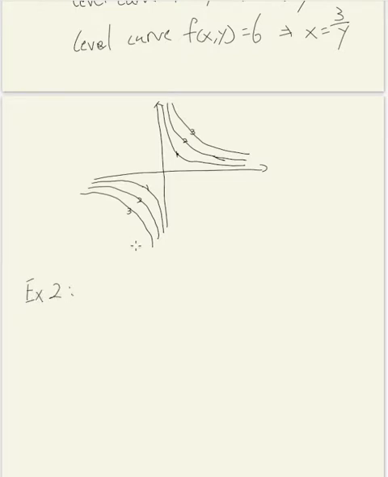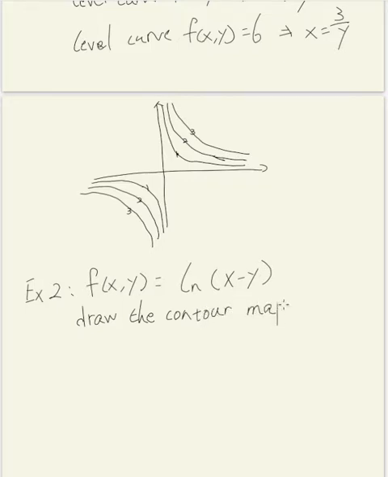All right. Let's try another problem. We have f of x and y equals ln of x minus y, and draw the contour map with heights 0, 1, 2.